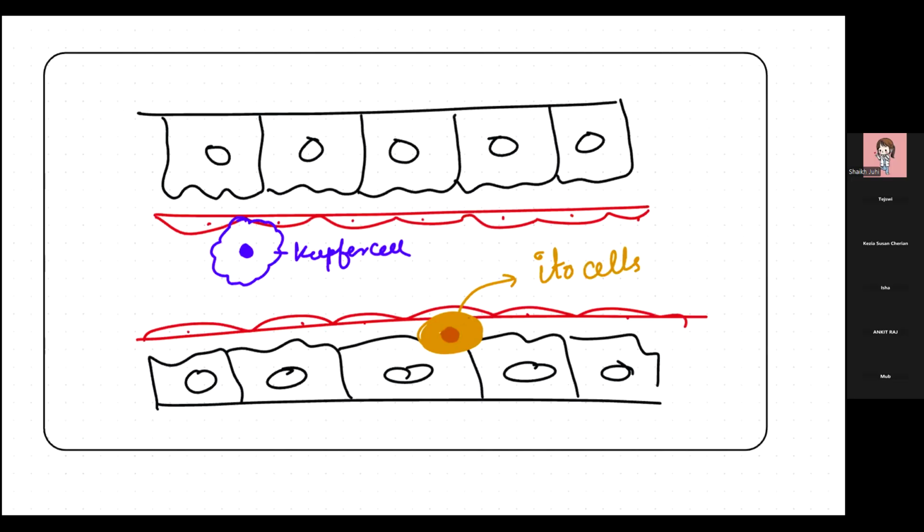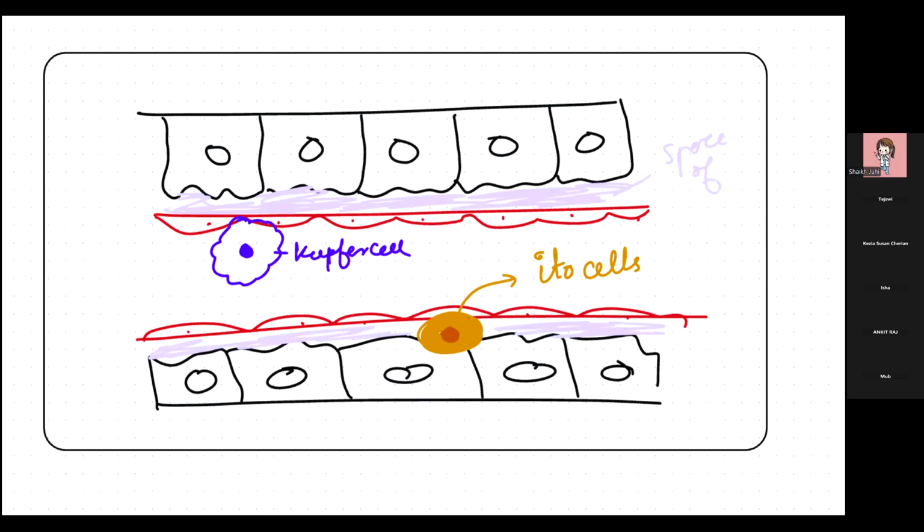And the space left over here, what is this space called? Yes, anybody knows? This space is called the space of Disse, where these Ito cells are present.